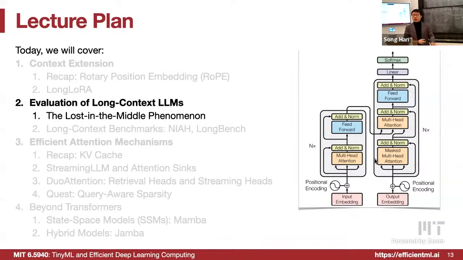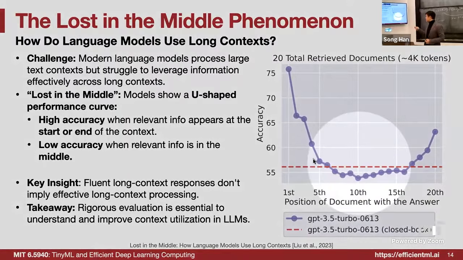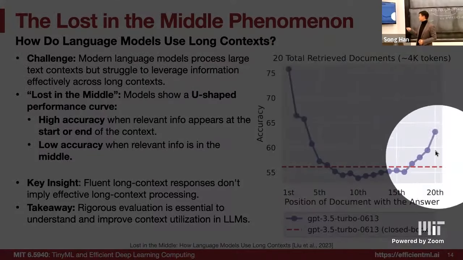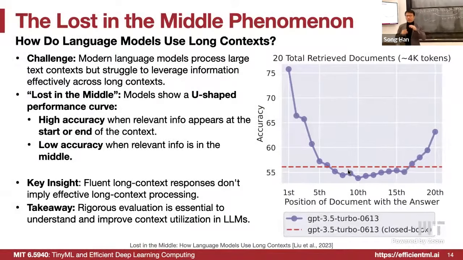So let's see, how do we evaluate the performance of long context LLMs? Let's first introduce the popular lost in the middle phenomenon. The lost in the middle phenomenon says that the accuracy is pretty high in the beginning and in the end, but the accuracy in the middle is pretty low. Very high accuracy when the relevant information appears at the start or the end of a context, but very low accuracy when the relevant information is in the middle of the text.